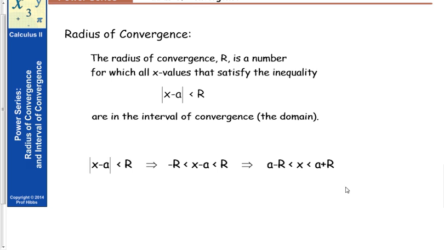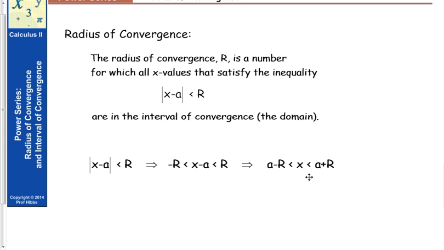Now let's investigate, and let's make sure we understand that the absolute value of x minus a being less than R means that x minus a is in between negative R and positive R, whatever x minus a is. Remember, a is the center. a is a number that's specific to a particular power series, called the center, and so x minus a then has to be between negative R and positive R. So if we solve this inequality for x, we just add a all the way through.